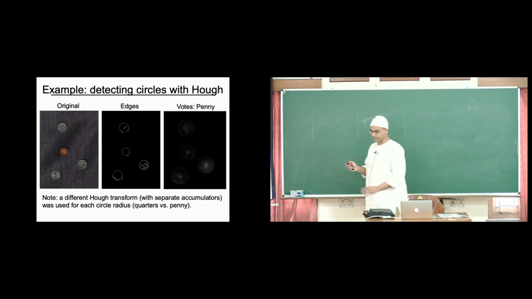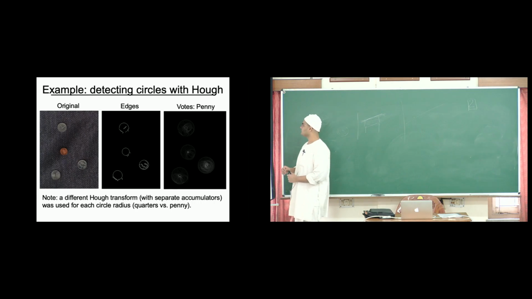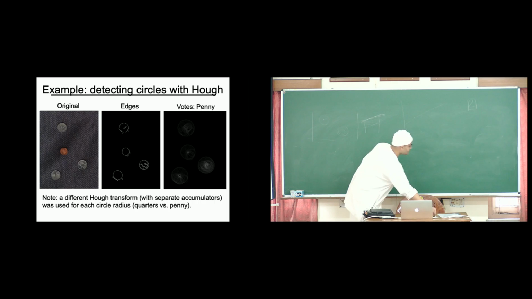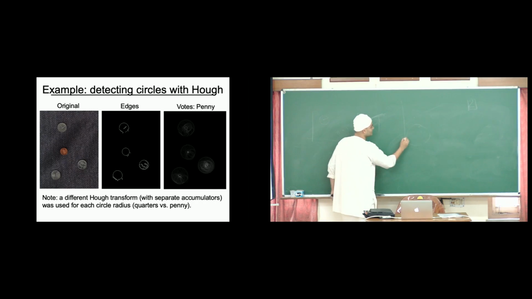This image is very important. Can you see anything else? A smaller dot, actually a very small circle. What is happening? The real circle is bigger, but you assume that your r is small, so you are giving votes like this.